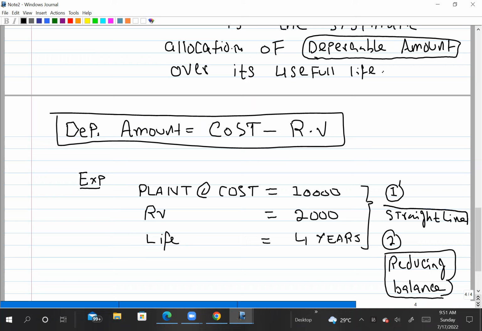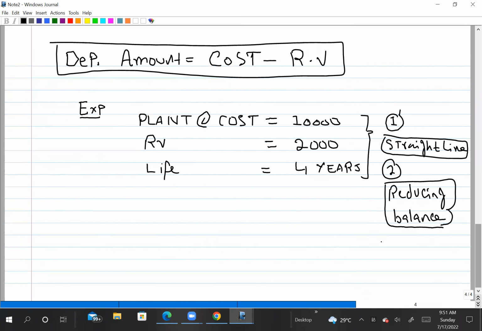There are other methods also, but we mainly use these two. And number three, which we use, is the unit based or activity based depreciation method.